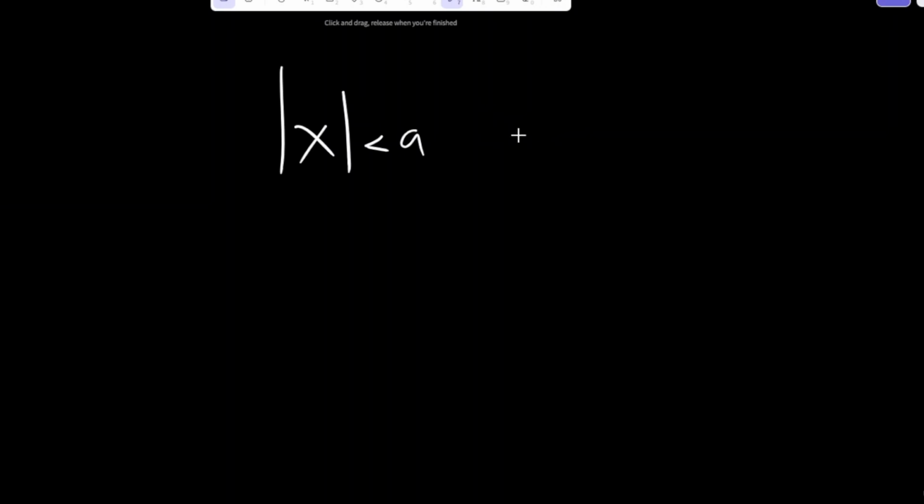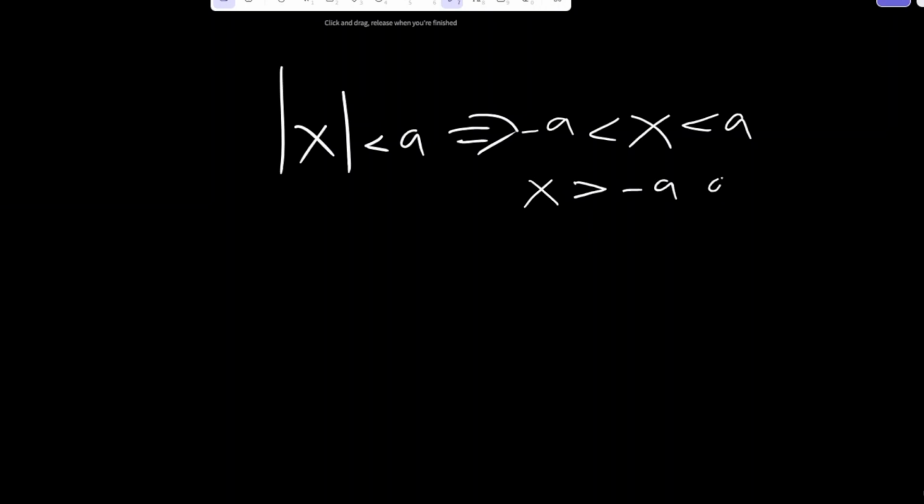So what we can conclude from this is that the absolute value of x less than a means that x is between negative a and a. Another way to write this is that x is both greater than negative a and x is less than positive a.